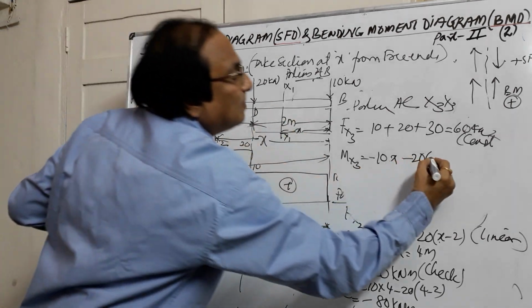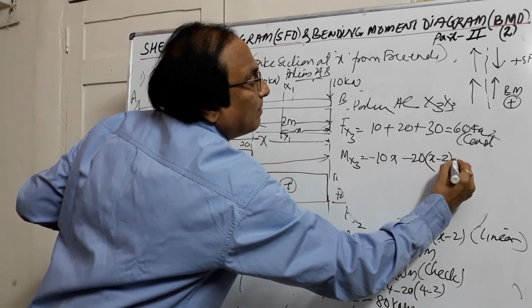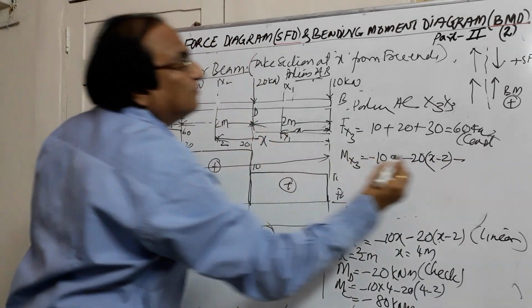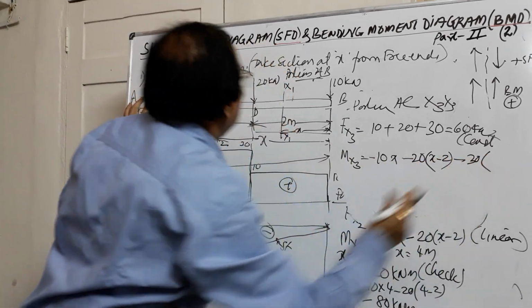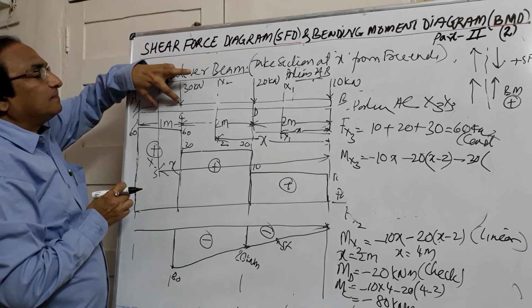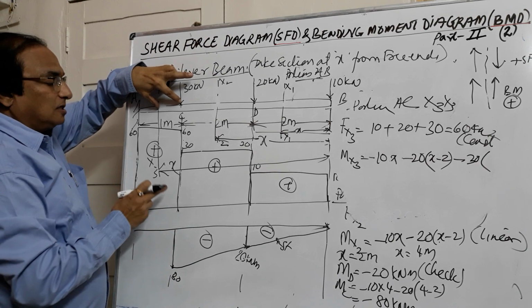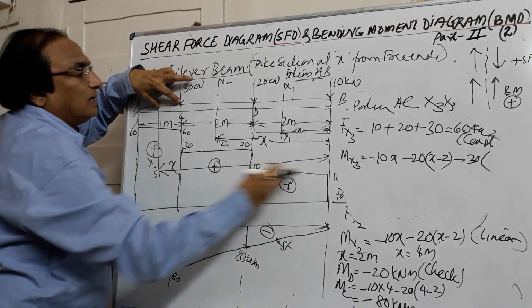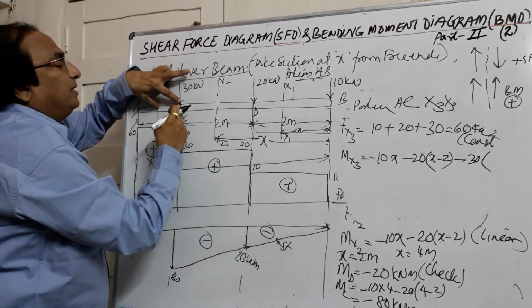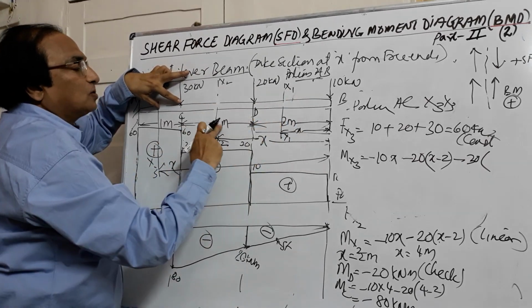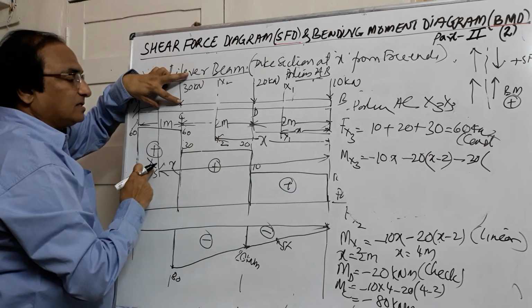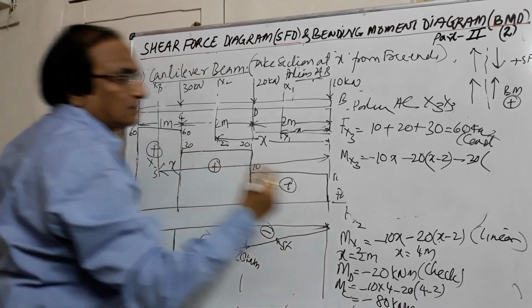So this will be x minus 2. Minus, let us come to the third force, 30 into, I need this distance. So this distance will be x minus the distance from here to here, which is 2 plus 2, 4 meters. So it will be x minus 4 meters.